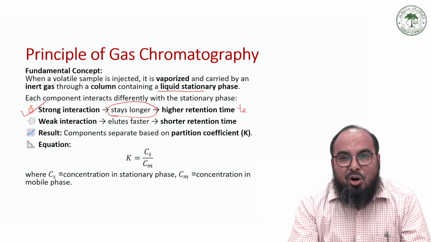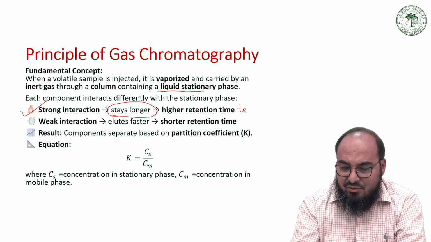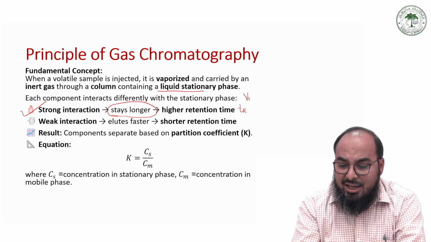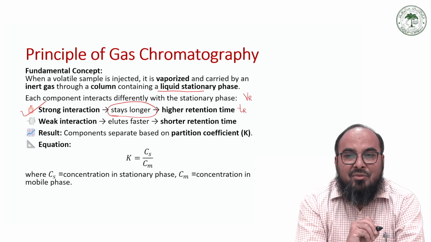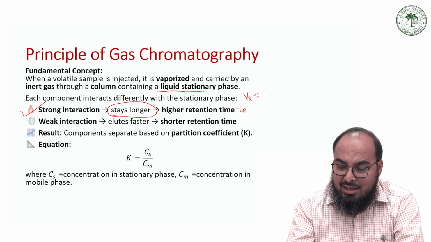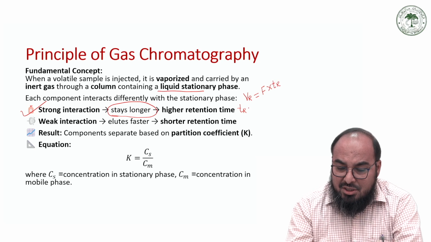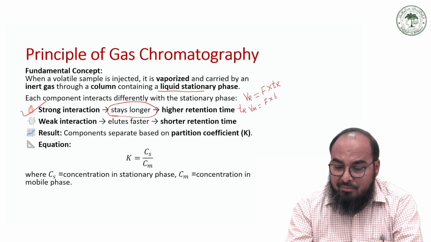Now it is very important to note that in GC sometimes we also use VR instead of TR, that is the volume of the retained species, and VR may be defined as VR is equal to F multiplied by TR, where F is the flow rate. Similarly, for unretained species we have VM is equal to F into TM.